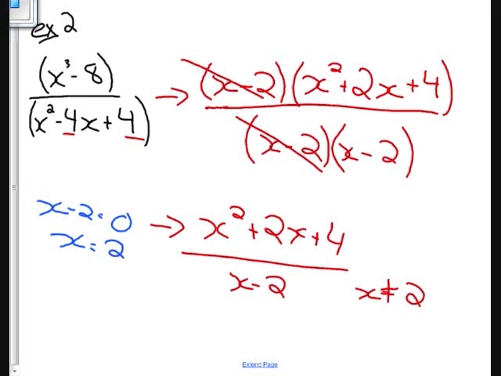And that's the whole method. That's all you have to do. Any other questions?